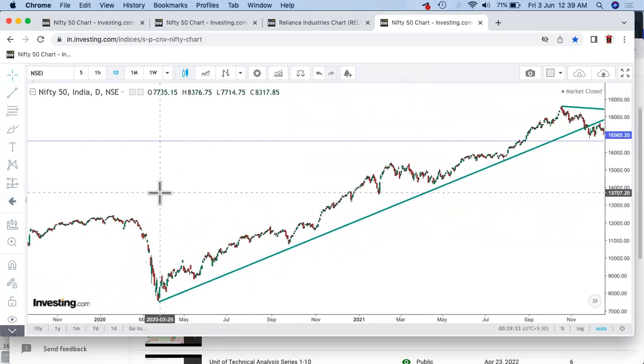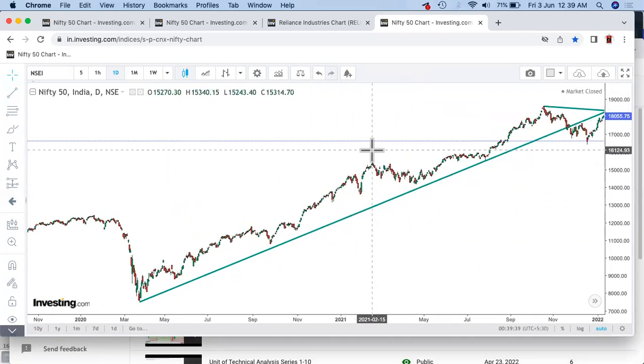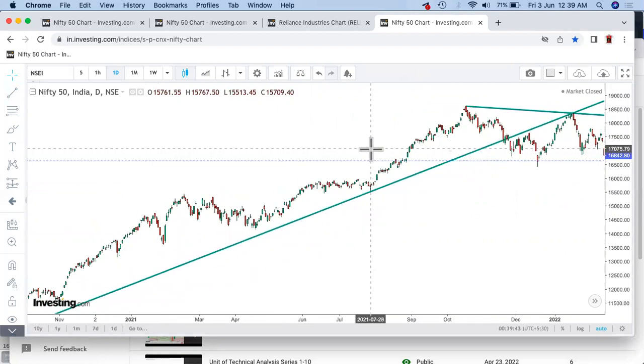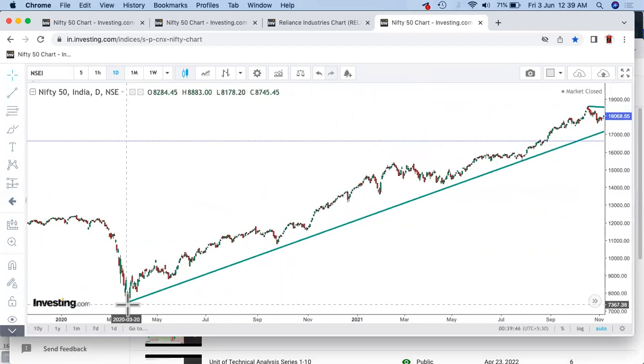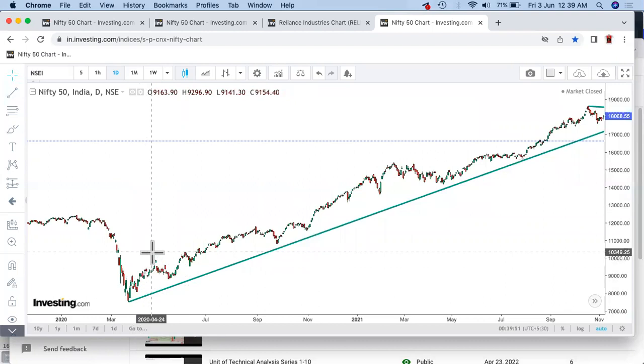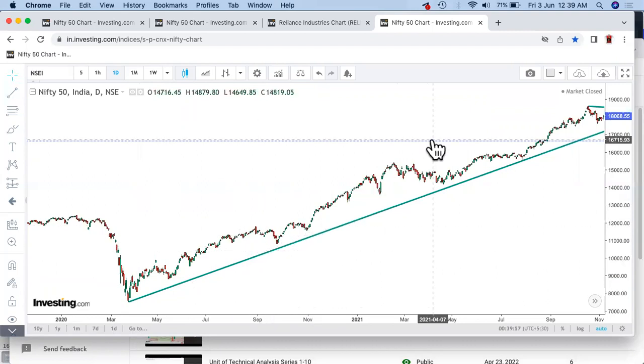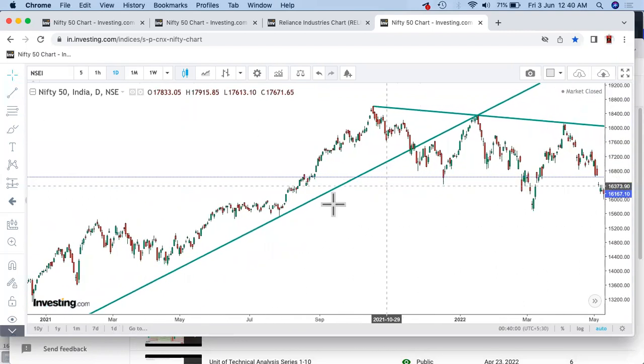So I considered one low. This was the previous low, that is lower low. And this is the lower high. So I get a pattern which is lower low, then high, low, higher low, higher high, higher low, higher high. So consider this point, right?